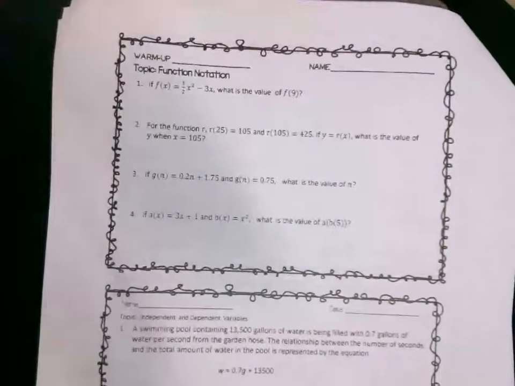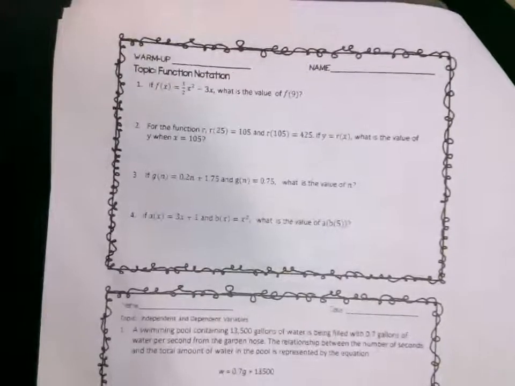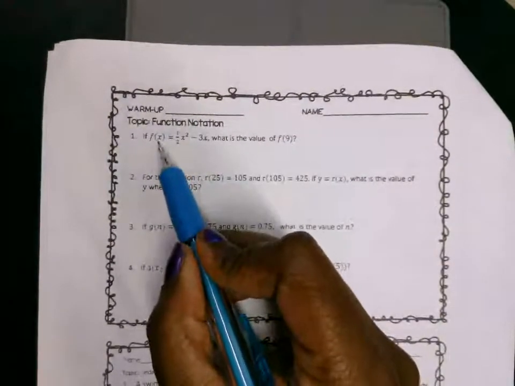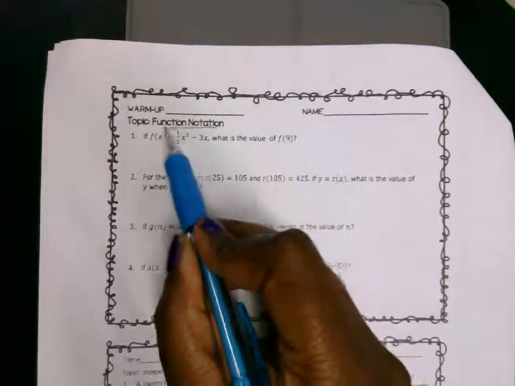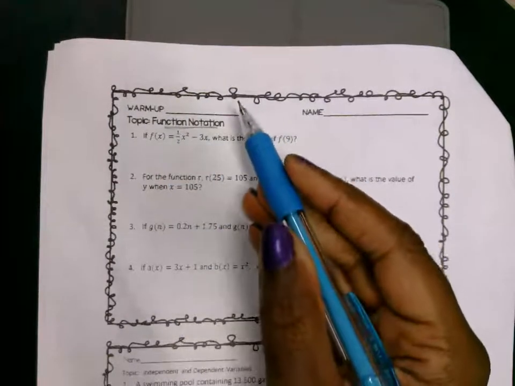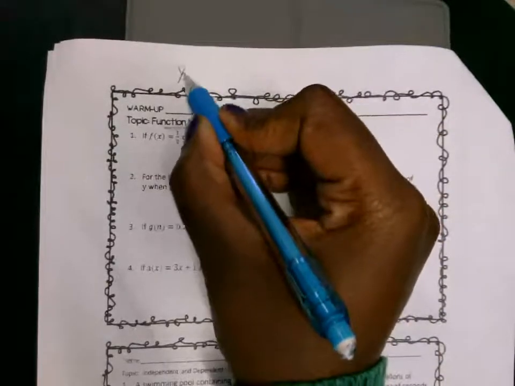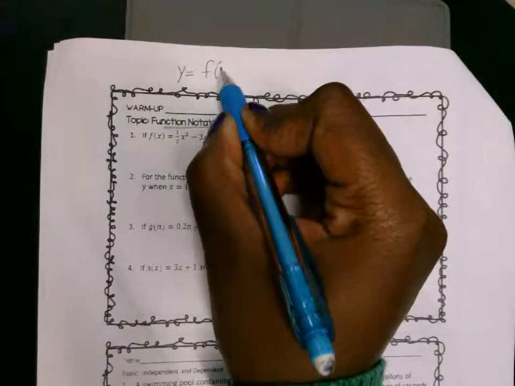Okay, let's look at the warm up. We have this function f of x. Remember, this is written in function notation. Writing an equation in function notation, all that means is you're replacing the y with f of x.